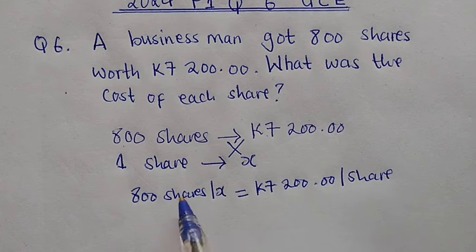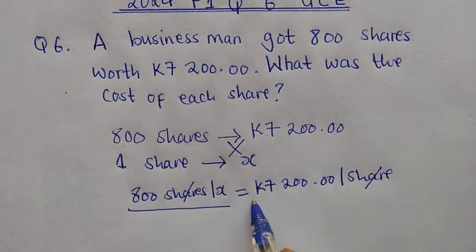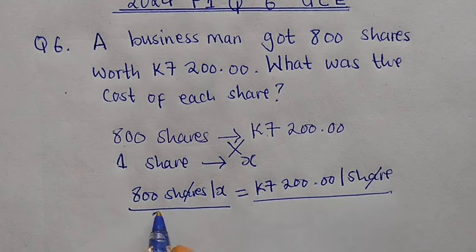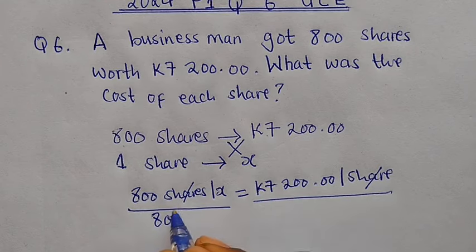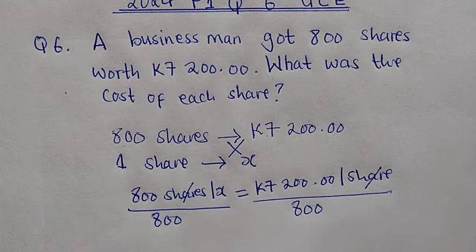In this case, we are not interested in these shares, so we'll cancel this share and this share. Then we are going to divide both sides by 800, so that on the left hand side we just remain with x. So even here we divide by 800.